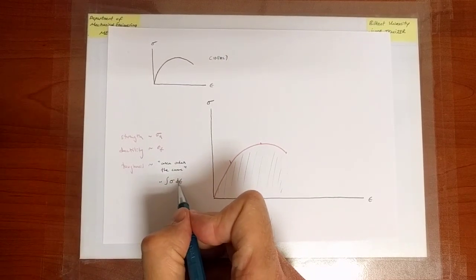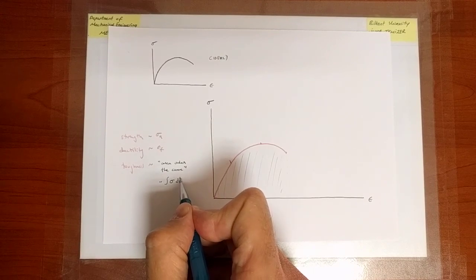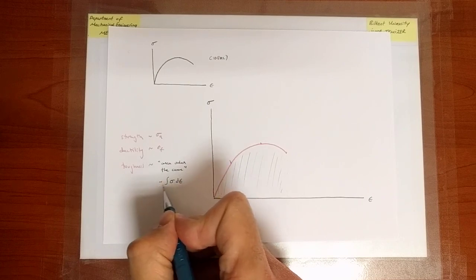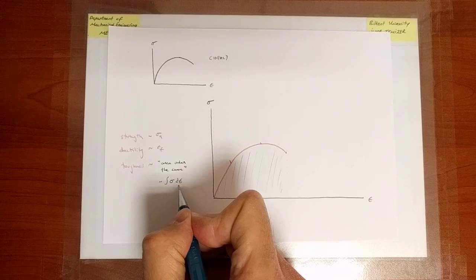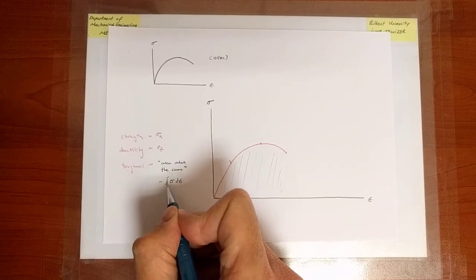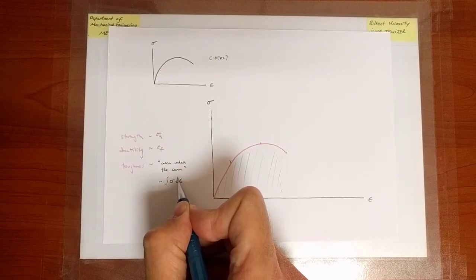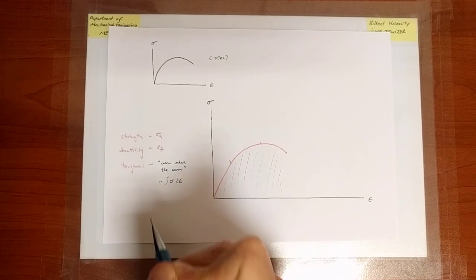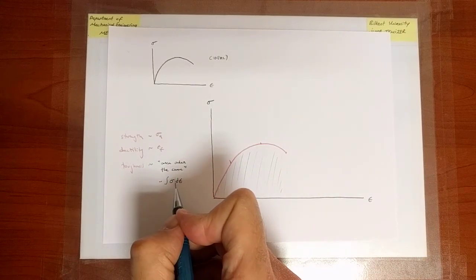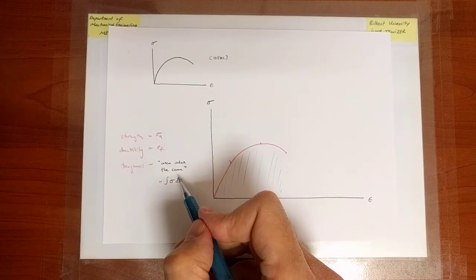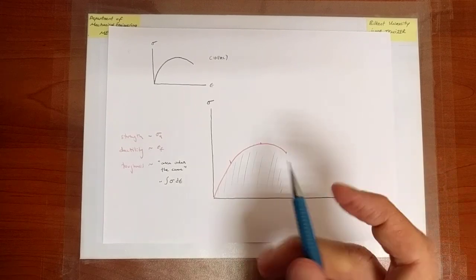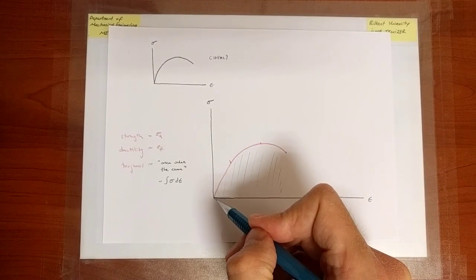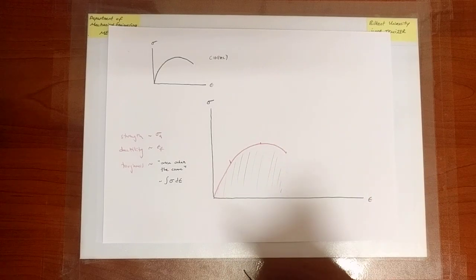Now, when you look at this quantity, you have load over area, elongation over initial length, or by factoring out the constants, load over area, let me take the area out, elongation over initial length, let me take the initial length out. So what you have is an integral of load multiplying elongation, integrated over the whole elongation. So load times distance, so that's like work. So this is the total amount of work that is being absorbed in the material starting from the initial loading all the way up to failure.